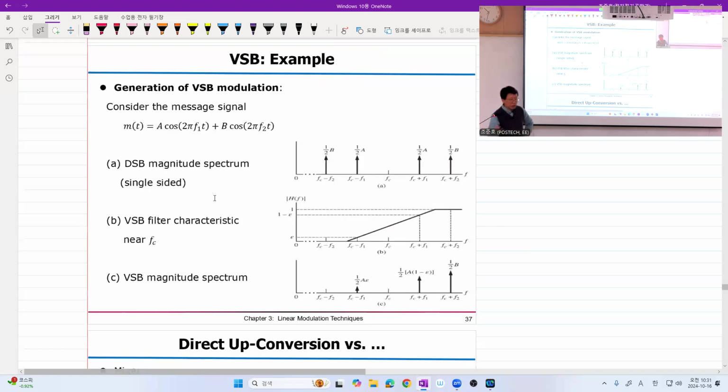So this is the figure, and the idea is like this. Suppose in the transmitter you have a DSB modulator. You have m(t), and you multiply by cosine.